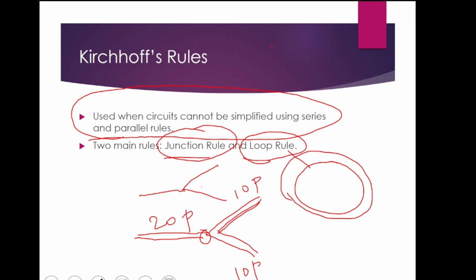The loop rule states that if 20 people started moving around this loop, 20 people must come back, as long as there is no circuit leakage. That's what it tells us.